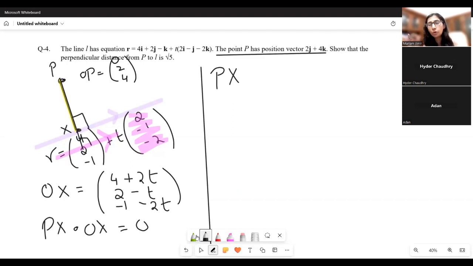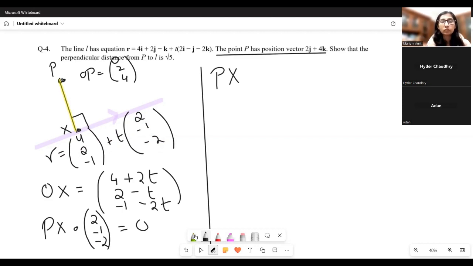So instead of the whole vector in terms of t, you're only going to extract its direction vector. So I'm going to write the direction vector over there. So no need to take entire OX because OX is also in terms of t. So we don't need double t's in the same equation. So this would be (2, -1, -2).